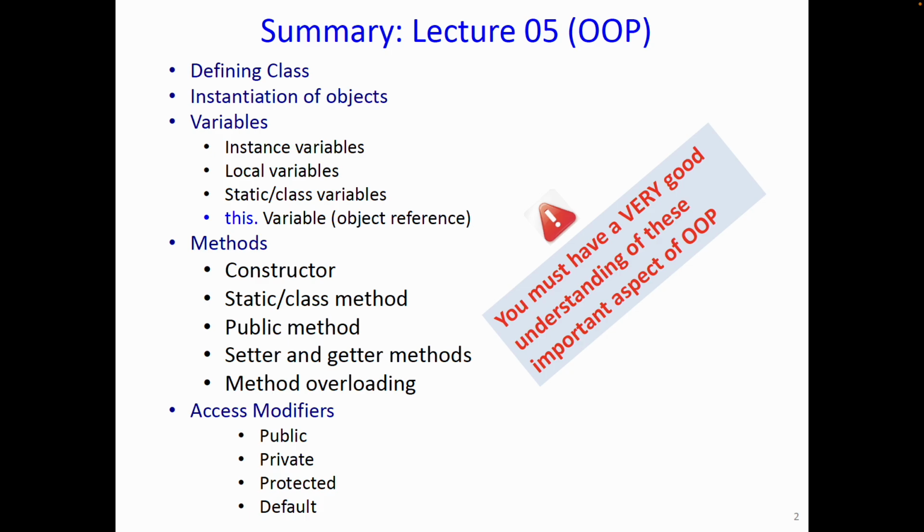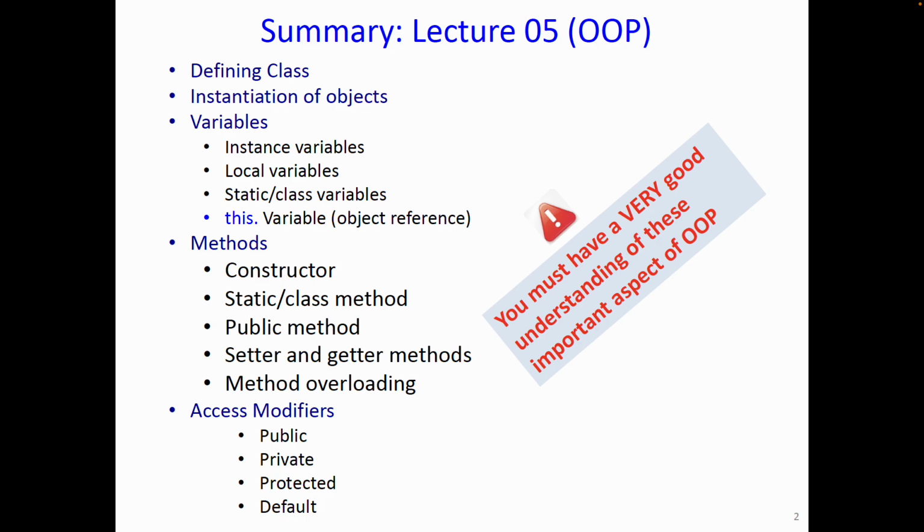But before coming to that, I want to look at this slide. I think this is also important for the quiz, by the way, because it summarizes what you have seen so far. Once we finish this unit 2, this is like your checklist. Are you able to do these things? Like define a class, create an instance of it, and do you know what the variables are: instance, local, static, and this.